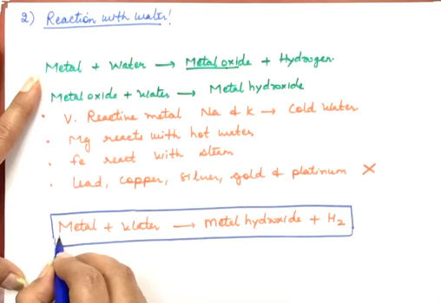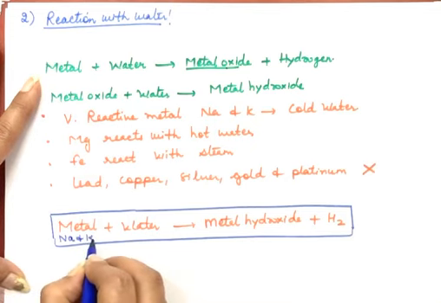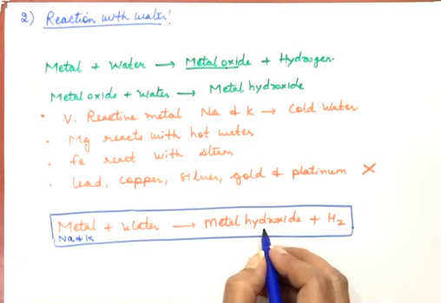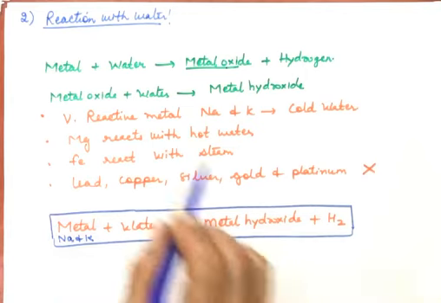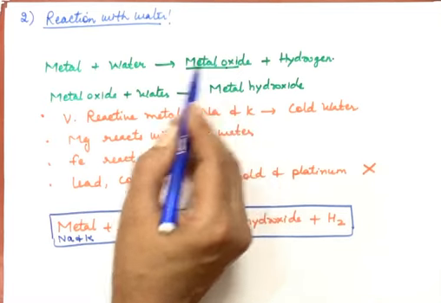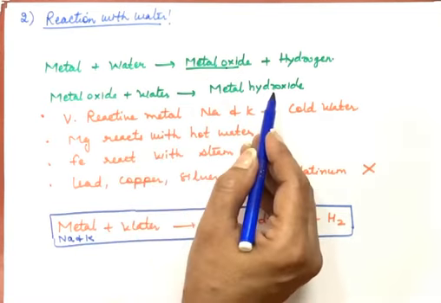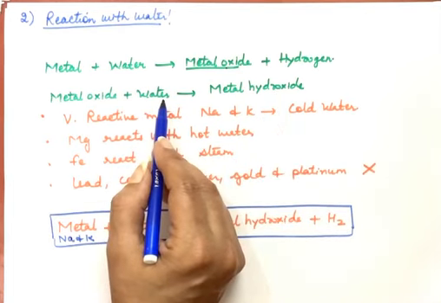This is only if it is a very reactive metal like sodium and potassium. Because they're very reactive, they can further change the oxide to the hydroxide. So there are so many things that we have to learn here. For sodium and potassium, metal hydroxide. For other metals, it's metal oxide and hydrogen. And to metal oxide, if we add water, then we get metal hydroxide. And water can be cold or hot, or it can be steam.